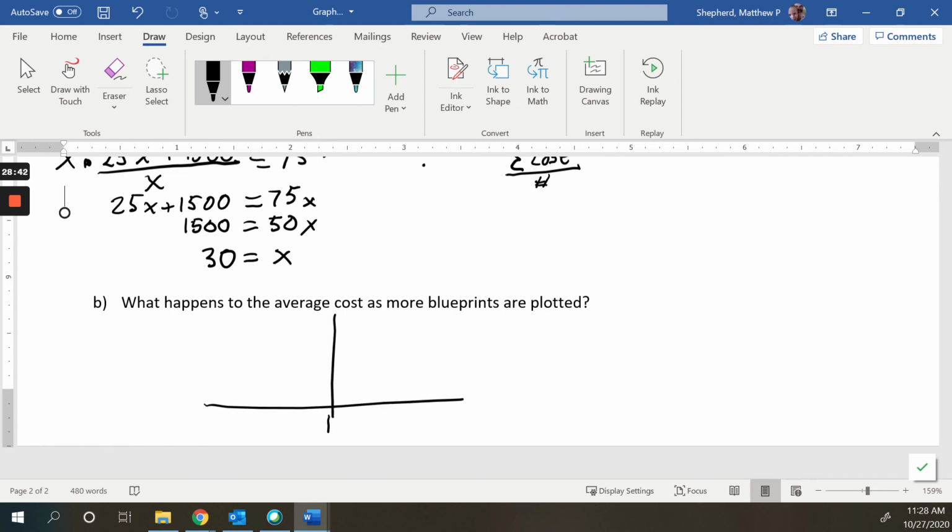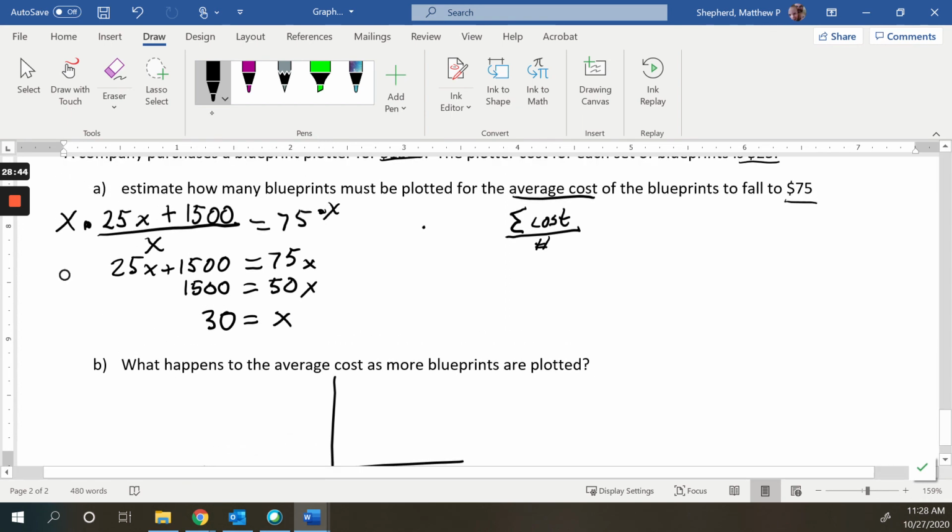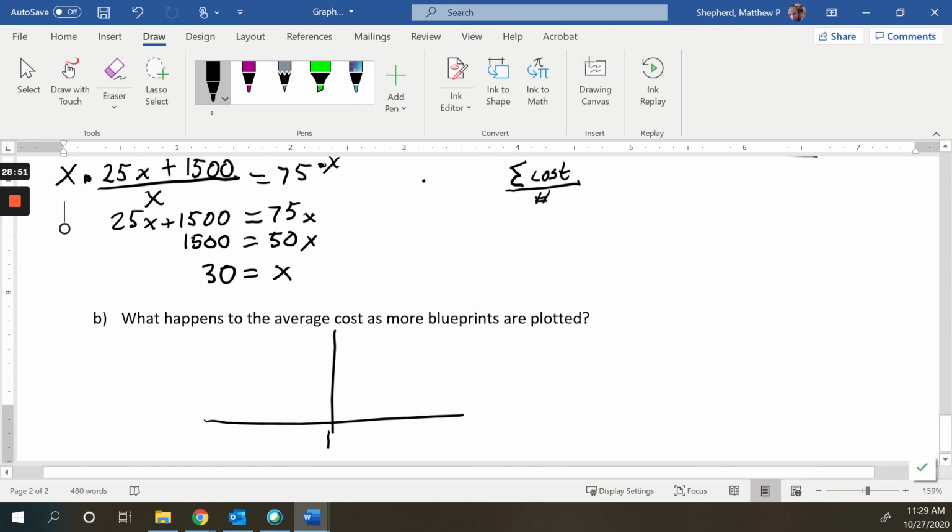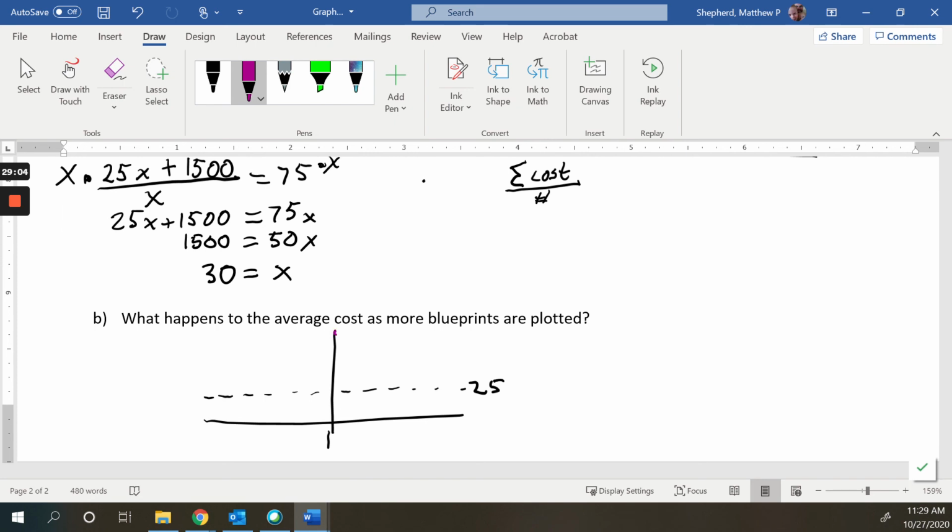Okay, so if we look at what we have here and we use the information we got before, we know that we should have a horizontal asymptote that's going to be at about 25. Okay, and we will have our vertical asymptote be just at 0. Okay, you can't have an average cost for a blueprint if you never printed a blueprint.